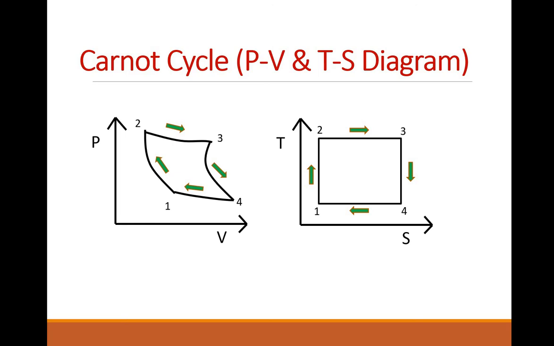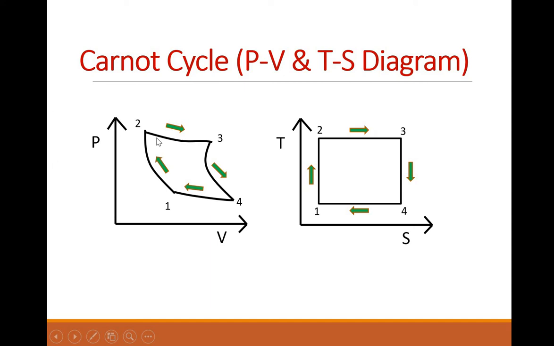So that's why the Carnot cycle gives you the maximum efficiency, because it follows the ideal condition. The ideal condition of constant temperature when we are moving from 2 to 3, that is boiler to turbine, and when we are moving from 4 to 1, that is from condenser to boiler. These two conditions are followed as isothermal processes, which is practically not possible, and 1 to 2 and 3 to 4 are isentropic conditions, which is again practically not feasible.